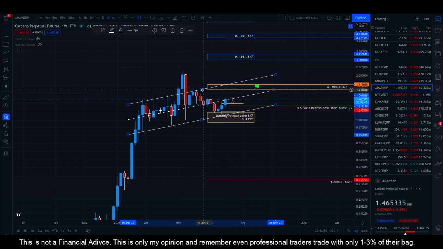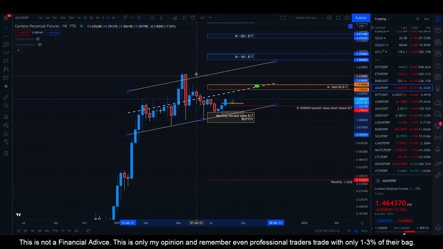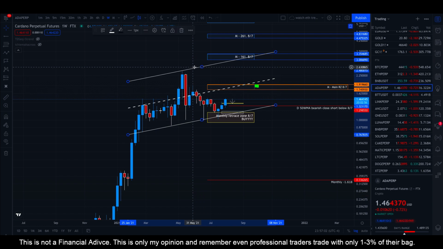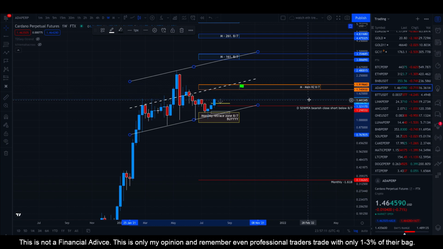You can also extend the channel all the way up, and you'll see here that the mid level of the channel falls right onto the monthly resistance zone, aka the 618 zone that we drew on the monthly time frame, where the flag is to indicate that this is a resistance level as well.